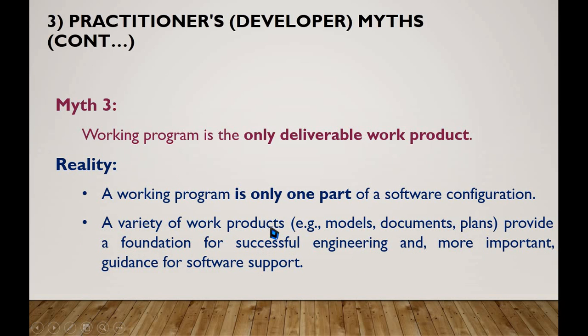A variety of work products, for example models, documents, or plans, provide a foundation for successful engineering and, more importantly, guidelines for software support. We can generate different models, documents, plans, or user guidance on how to use our software. These can be deliverables. So that a working program is the only deliverable work product is a myth.